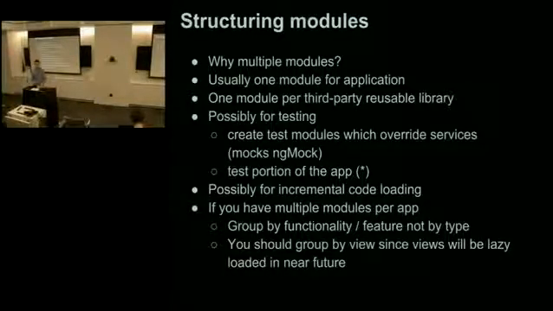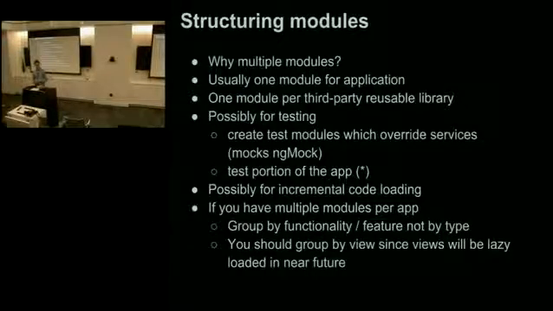It's generally more desirable to break up your application into modules based on features. This allows you to maybe spin up only part of your application if you're testing, because you're not going to have a controller that doesn't depend on any services whatsoever. And if you break up your modules into all controllers and all services, then you're not going to be able to test any controllers without bringing in the dependencies for all of those services.